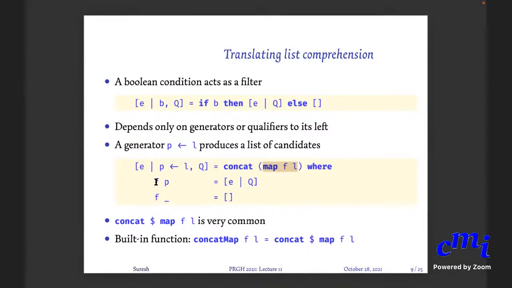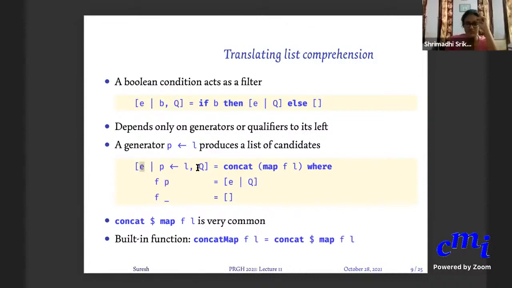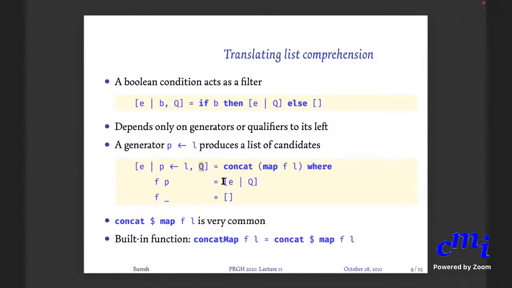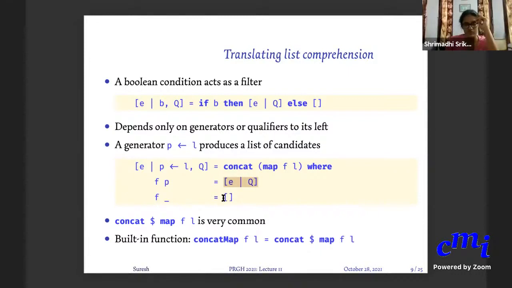It first checks whether that element is of this pattern. If it is of that pattern P, it will return E, which is what you want, and apply further qualifiers to it. E is such that all these qualifiers hold. It will return that list. Otherwise, you know that the element of L does not fit this pattern at all. Then it will say there is nothing to return, so it will return an empty list.